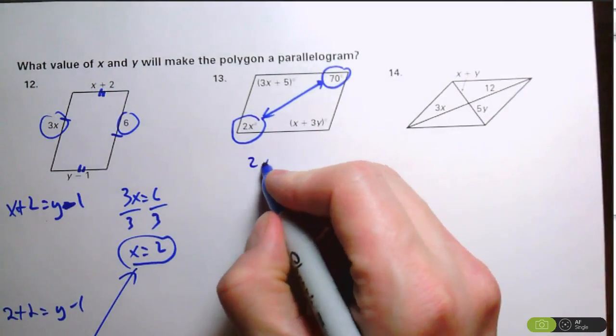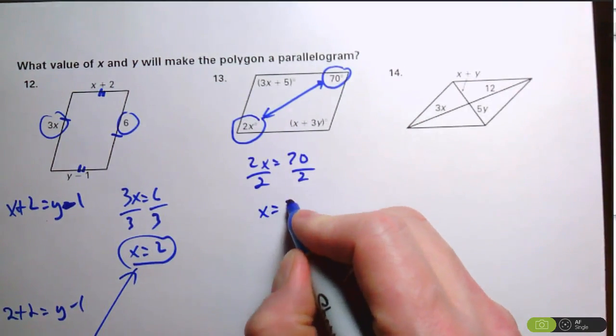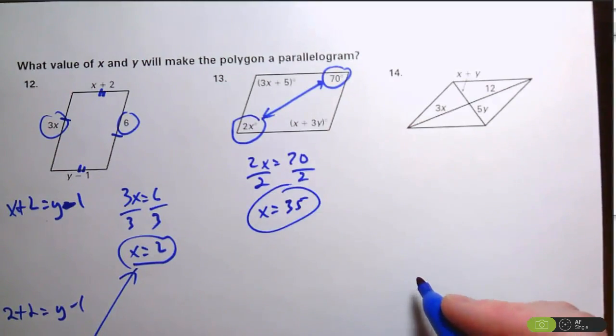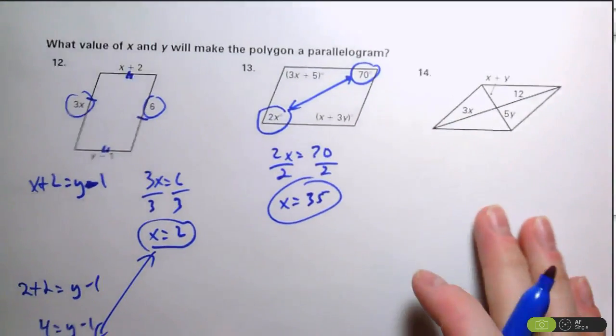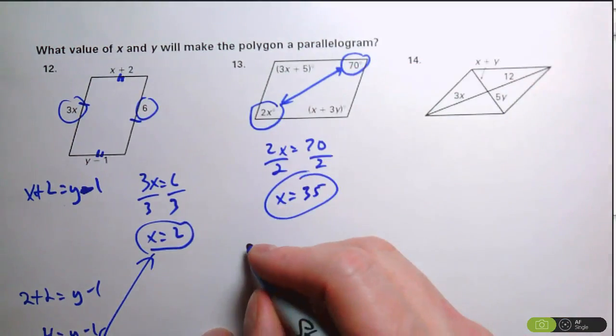So I'm going to set 2x equal to 70, divide by 2, x is 35. Now once I know that x is 35, I can plug that back in for x here.